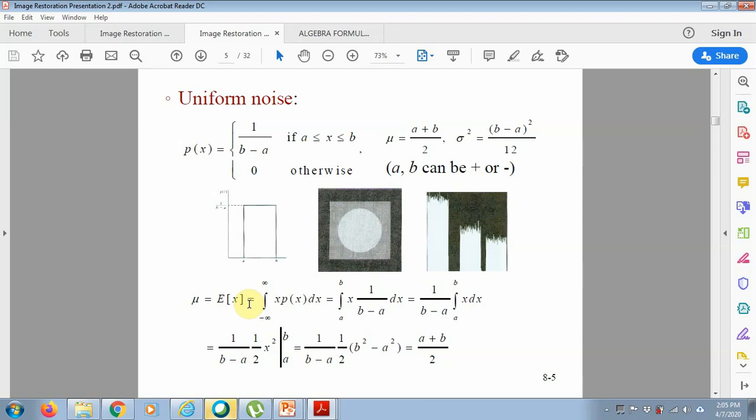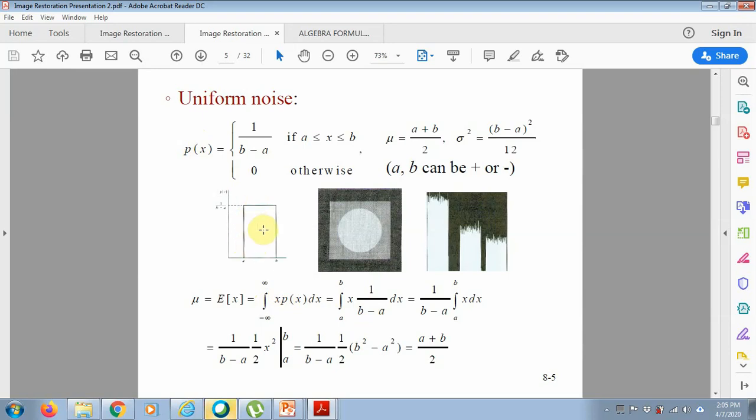So you're considering from minus infinity to infinity, and the function of x is nothing but x into p(x) into dx. That will be the expected value of x: x multiplied by this function into dx.